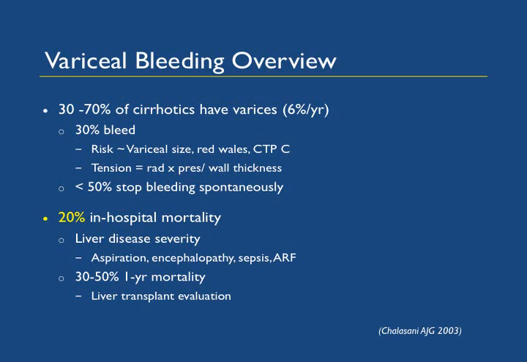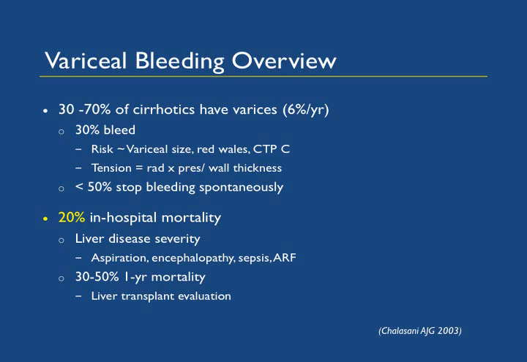With regards to actual bleeding episodes, less than 50% of patients will spontaneously stop in the absence of intervention. These patients need to be hospitalized in an intensive care unit with therapy offered quickly. With regards to outcomes in patients who have variceal bleeding, outcomes have significantly improved over the last 20 years, with an estimated current short-term mortality of 15 to 20% during their index hospitalization.